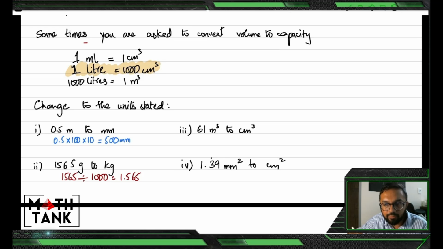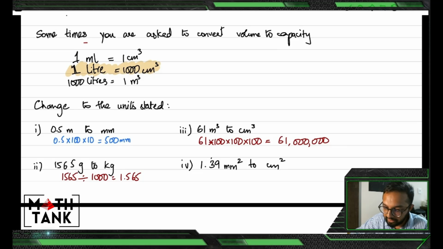Then 61 meter cube to centimeter cube. Now I'm moving from meter to centimeter, which means that I want to multiply. Multiply by what? 1 meter is 100 cm. How many times am I going to multiply it? I'm going to multiply it thrice because this is cubed. So this becomes 61 and then 6 zeros in front of it. That's 61 million.